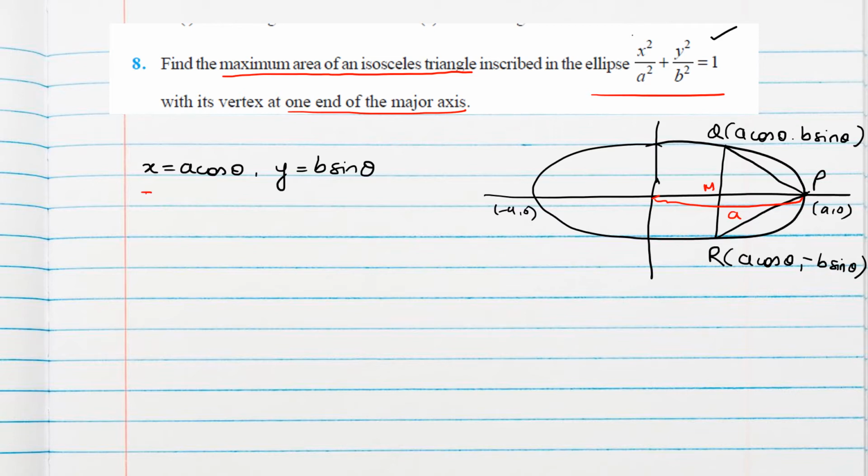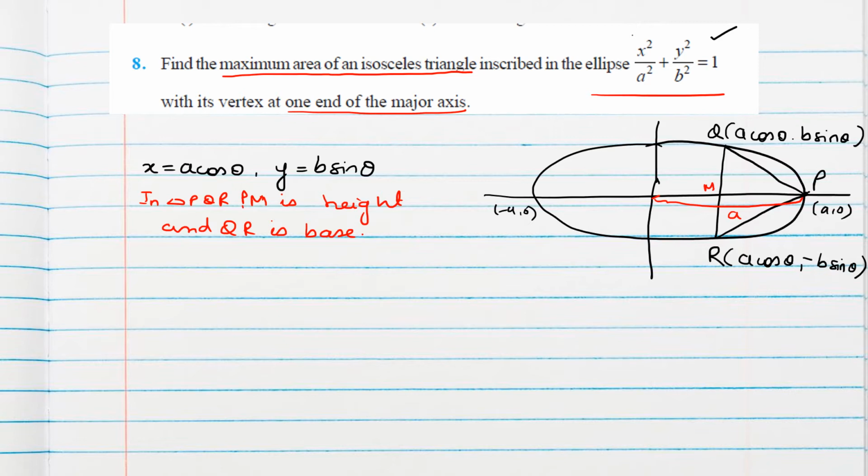So in triangle PQR, PM is the height and QR is the base. So we can find the area by the formula half into base into height, but before that we should know the length of the base and the length of the height.